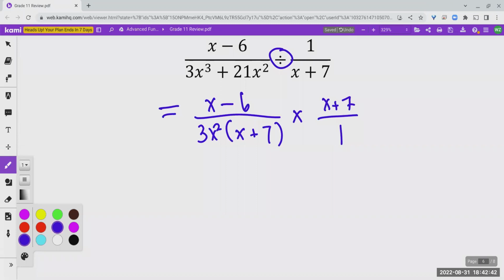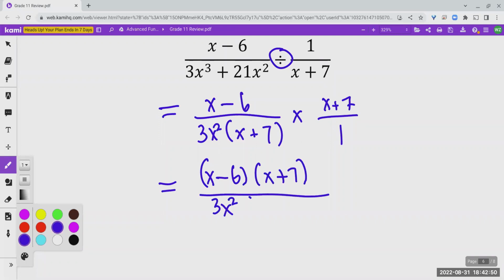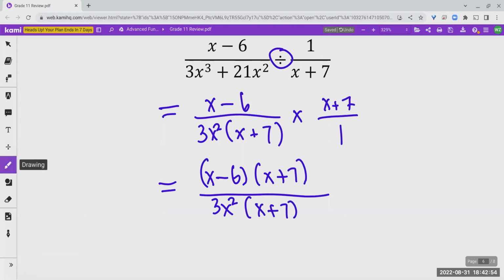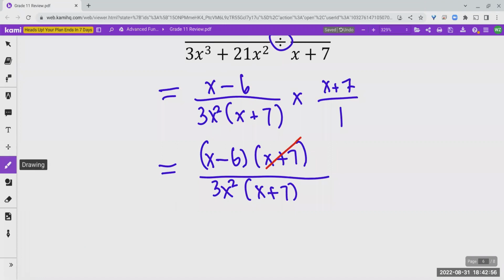Okay, so let's try to multiply them. So that will be x minus 6. Don't expand them yet. Just write them together. In fact, you don't even have to write them together. You can just cancel, but I want to be very clear. So notice that there's an x plus 7 on the top and the bottom. Heck, you could have just canceled like this. Yeah, you can cancel terms when they're not even on the same fraction if it's multiplication.